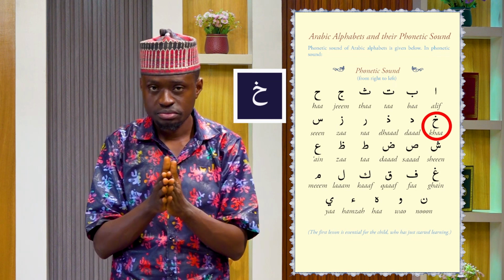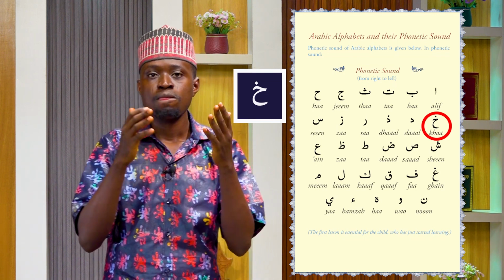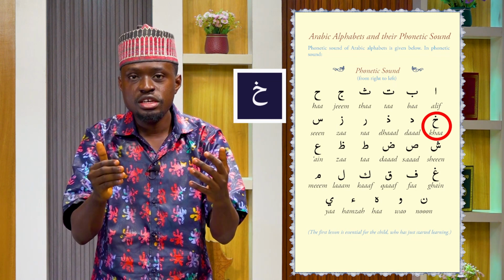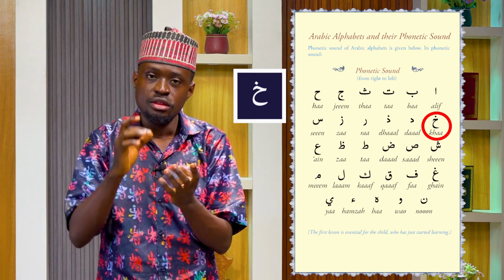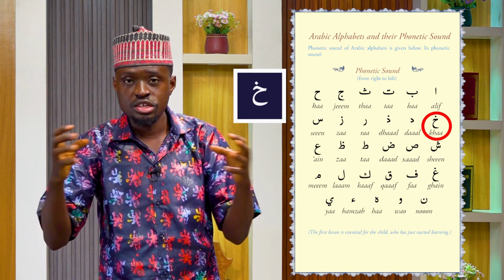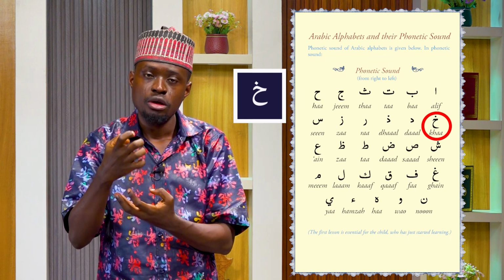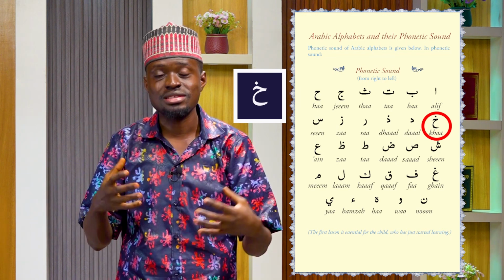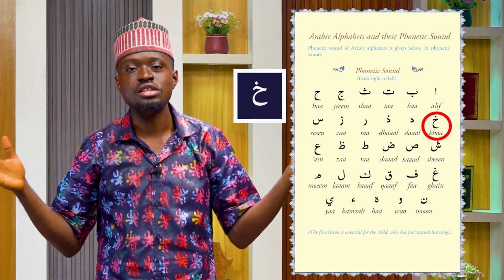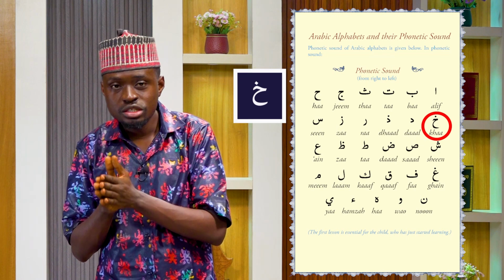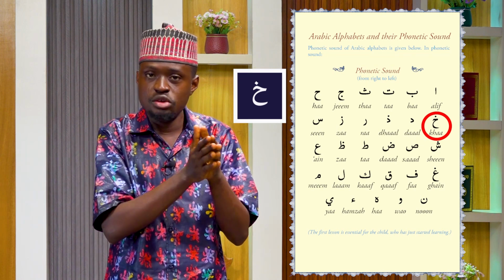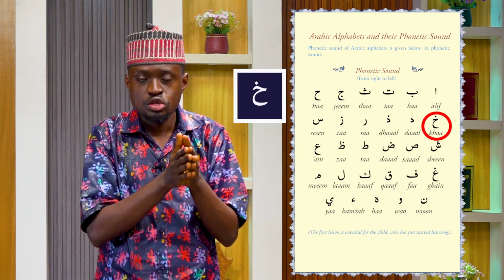For instance, in the word khalidina fiha in the Quran, the first letter is kho. When you pronounce it as kalidina fiha, that is kof. Khalid and kalid do not mean the same thing, so you have to be very careful.